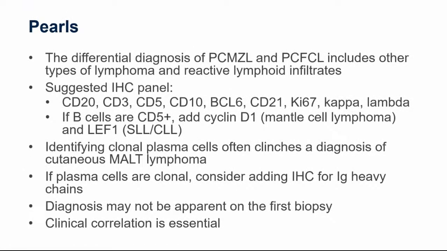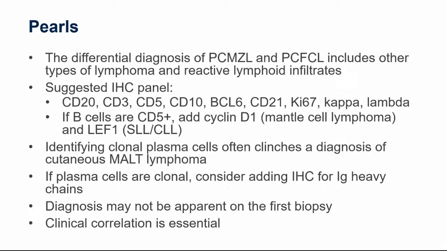And if I can just mention a few so-called pearls. The differential diagnosis of primary cutaneous marginal zone lymphoma and primary cutaneous follicle-centered lymphoma includes other types of lymphoma, as well as reactive lymphoid infiltrates of various types.